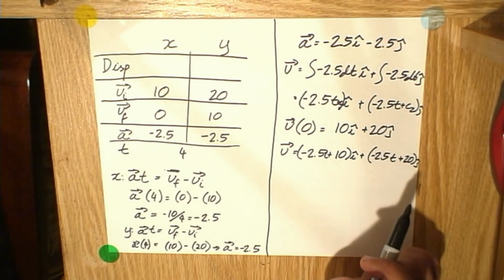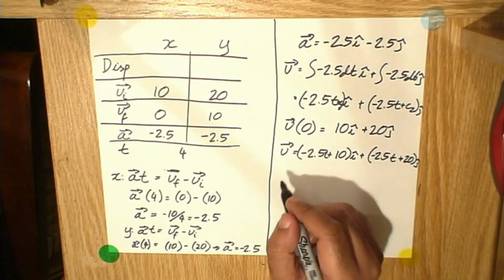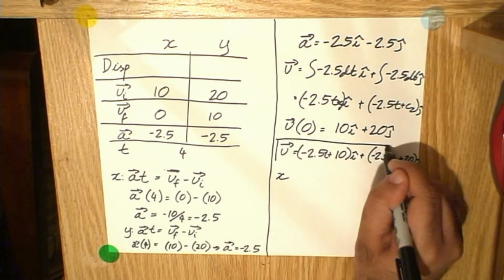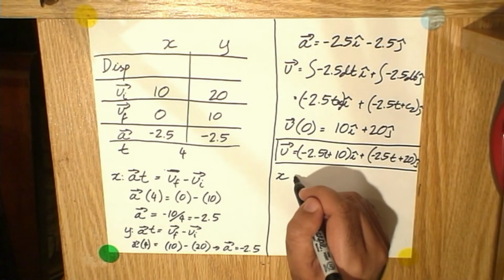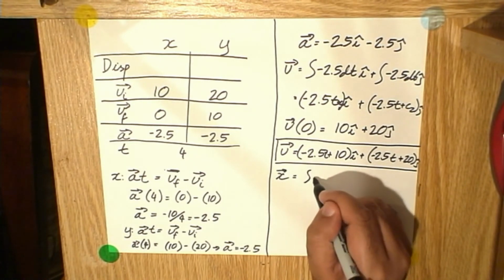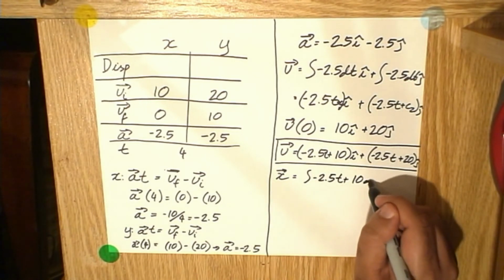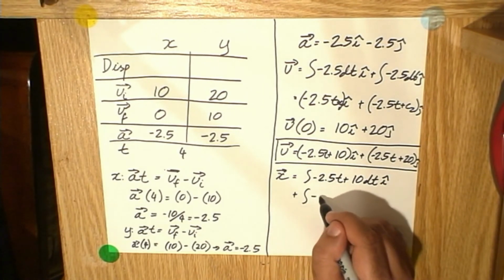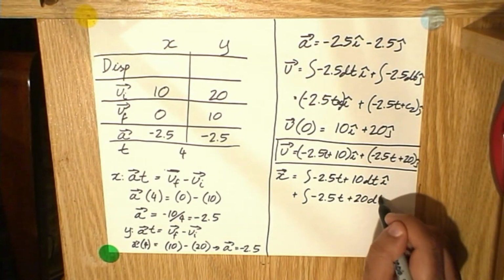Now the next thing is to find the position of this object with respect to time. Once again, we take the integrals. First I'll put a box around this. So the integrals would be over here for position: integral of negative 2.5 t plus 10 dt i hat plus integral of negative 2.5 t plus 20 dt j hat.